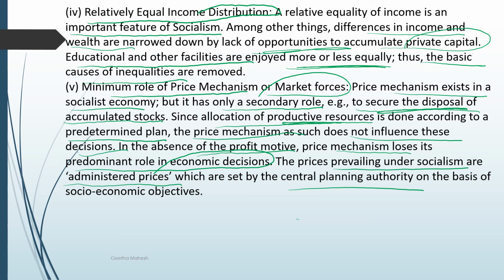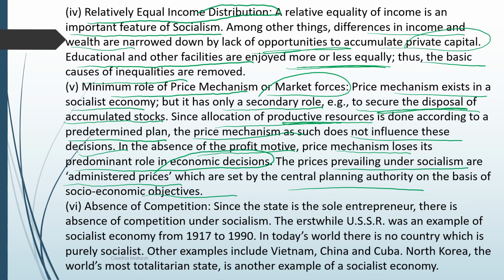What are the goals? Socio-economic objectives. Absence of competition. As we know, in a centrally planned or socialistic economy, the state alone is the sole entrepreneur, so there is no competition at all under socialism.